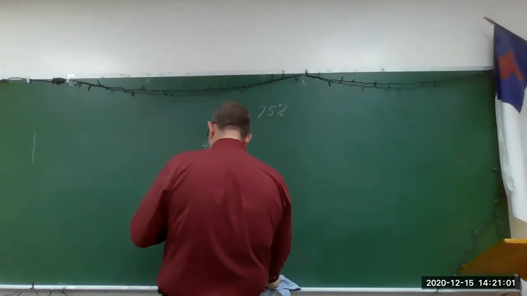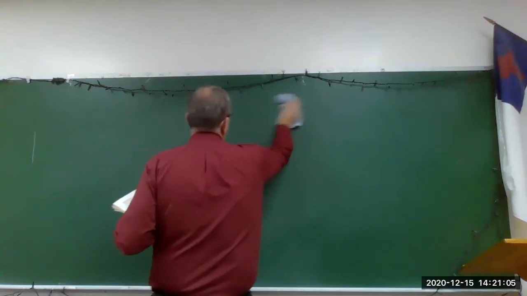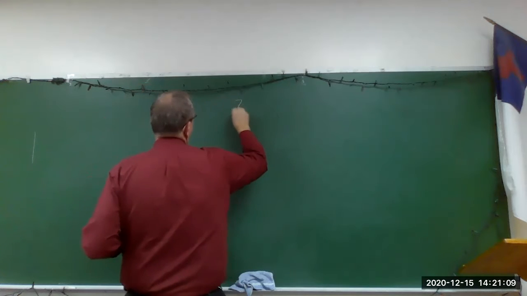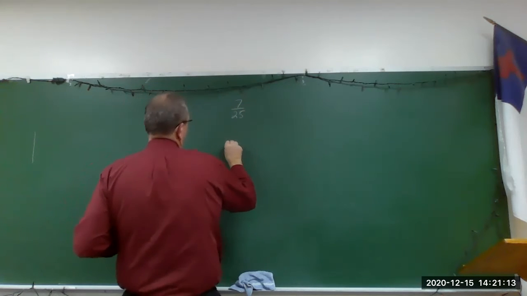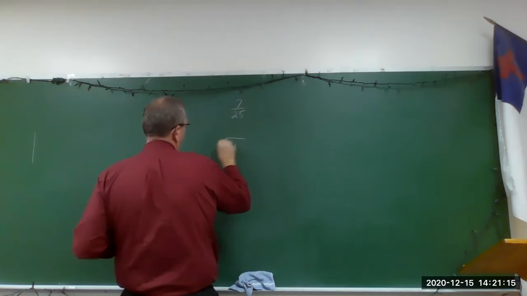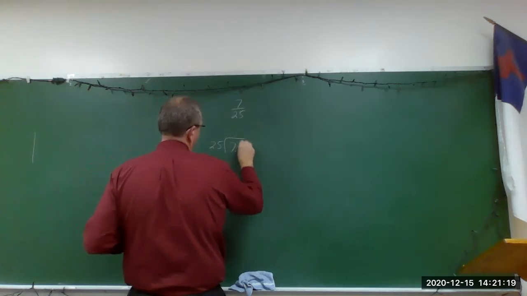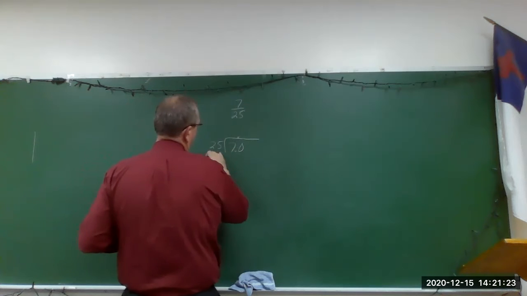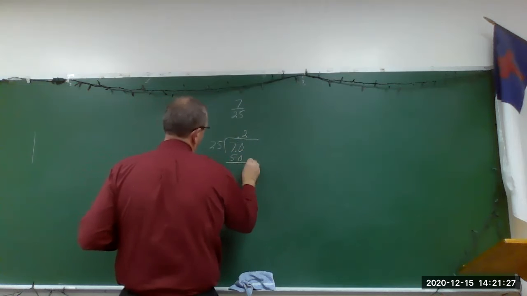Letter C, you have 7/25. Okay, 7/25. So you're going to take 7 and divide by 25. Okay, decimal, 0, 25 goes into 70 twice, gives you 50.